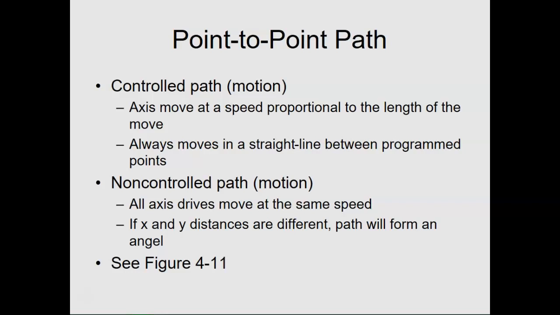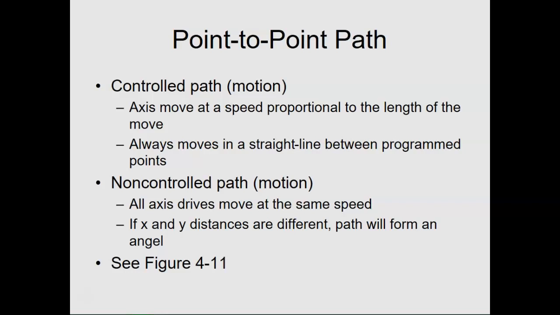So you have controlled path motions. This is where the axis moves at a speed proportional to the length of the move, and it moves in a straight line between program points. That's what we call a linear move.